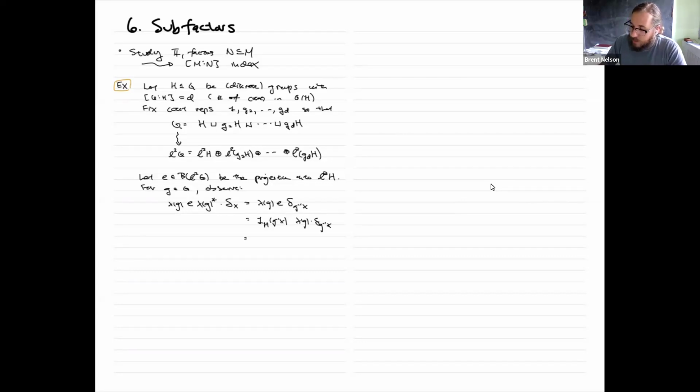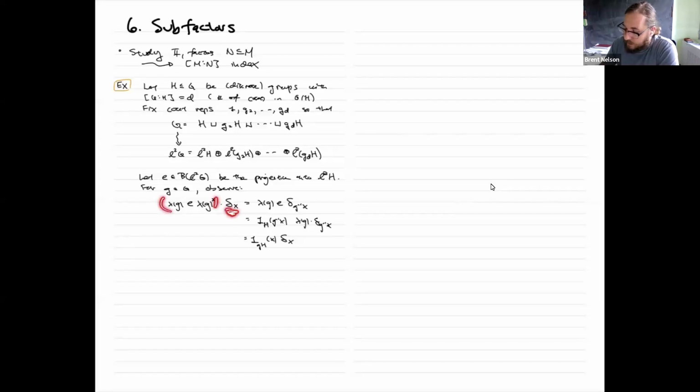And then lambda G acting on that delta will kick it back to delta of X. I'm also going to rewrite this indicator function, G inverse X living in H. That's the same thing as X living in GH, just by multiplying by G on the left. So at the end of the day, what did this operator do?